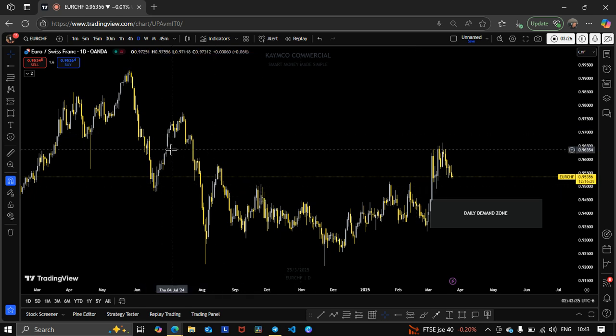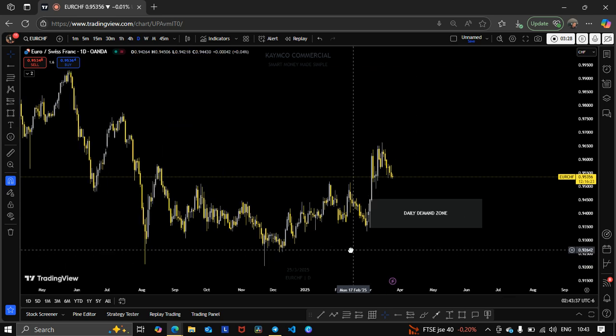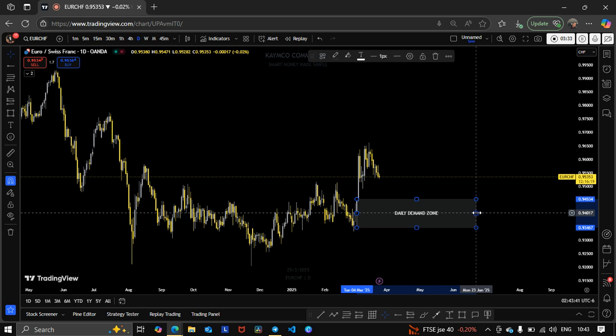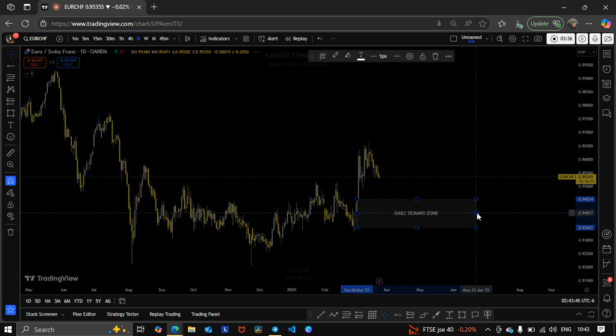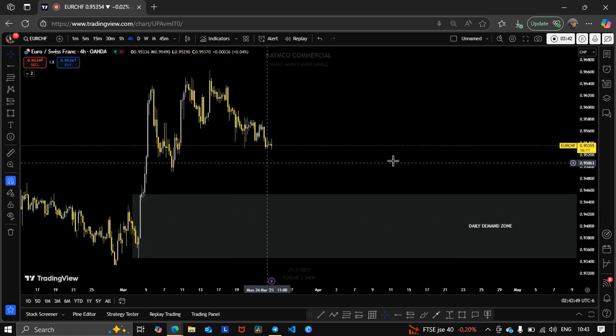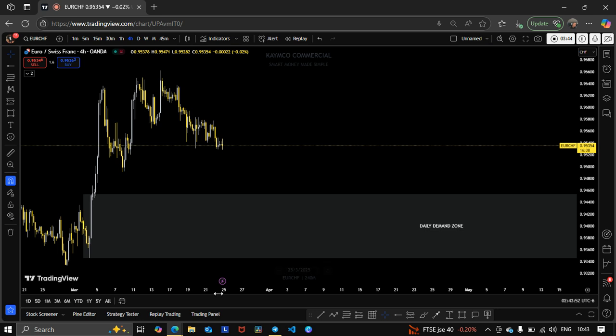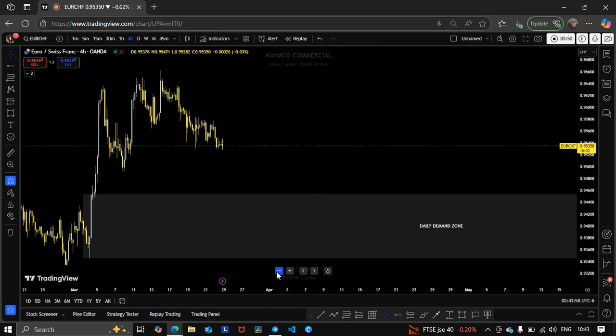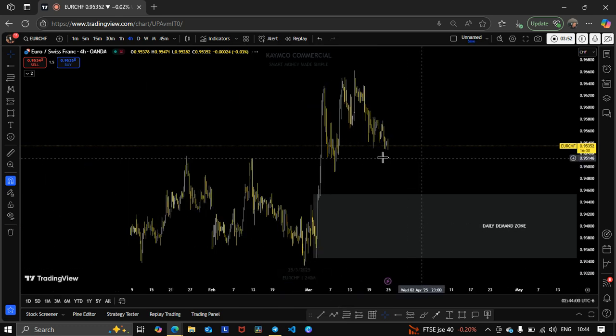If anyone in the comment section knows how to do this, please comment on how to hide this demand zone when you go to a lower time frame, for instance the 4 hour time frame, so it just disappears for a while. But okay, nonetheless, sorry, this is what I'm looking at right now.